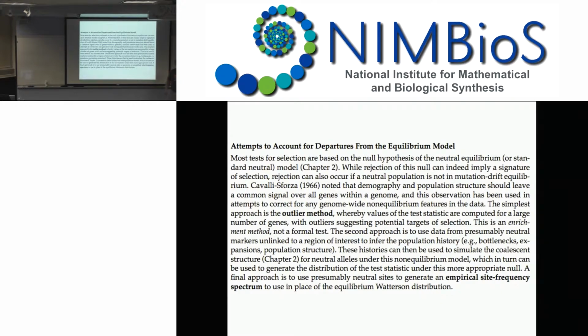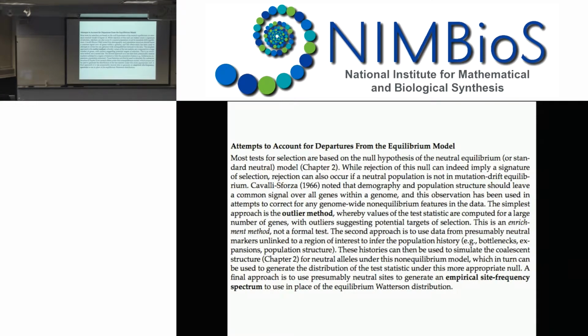So you draw values, for example, the bottleneck size and bottleneck duration, from some prior distribution, run the simulations, and then see how summary statistics like diversity or singletons match your observed data. If they're close enough, you accept those values for demography. You rerun this, and that generates a posterior distribution for possible demographies. You can then use that to ask, under those demographies, how much of an outlier are the values you actually see.